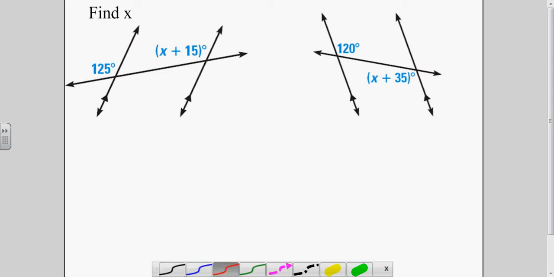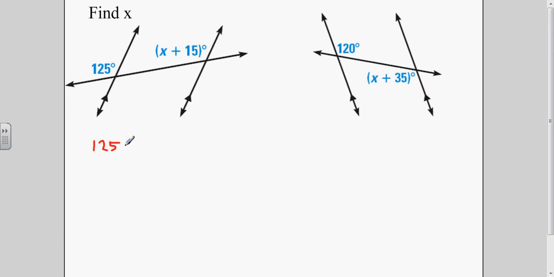So if I wanted to write an equation, I would know that 125 is equal to x plus 15. And then to solve for x, I would simply subtract 15. So if you do that, you'll get that we have x equals 110.